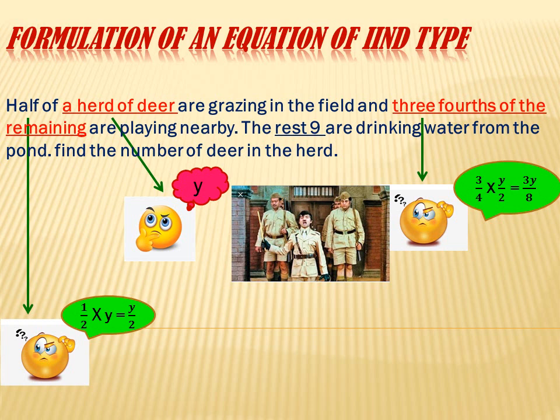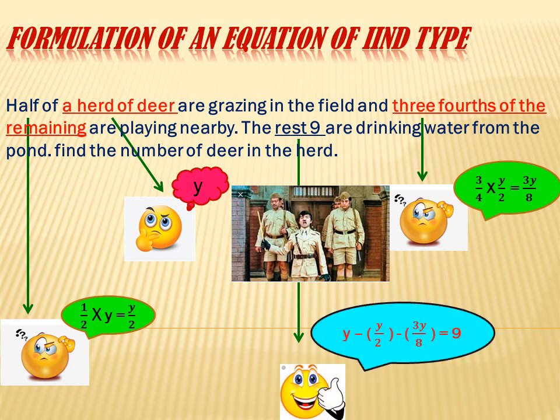And so you must be very careful while converting this English language into mathematical language. Okay, so let us move to the last part of this question, and that is the rest 9 are drinking water from the pond. It means if we subtract the number of deer which are grazing from the total number, and the deer which are playing, then we will get 9 in the RHS.